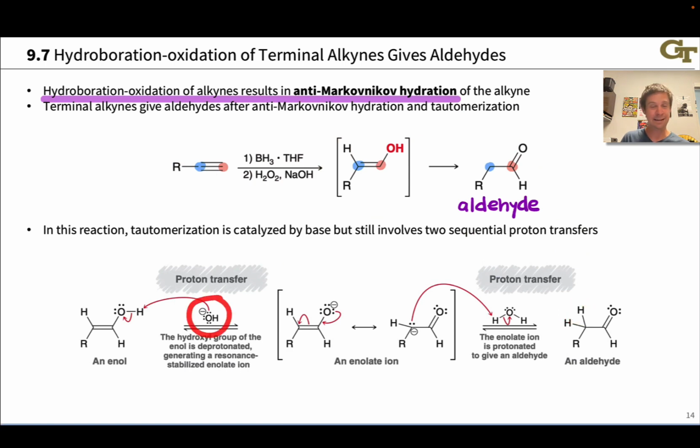So first we have deprotonation by the base. This generates what's called an enolate anion. A resonance-stabilized carbanion is one way you can think about this. That carbanion is then protonated at carbon to generate this aldehyde product, and the aldehyde structure is more stable than the constitutionally isomeric enol. So the final product you should draw is the aldehyde rather than the enol form.